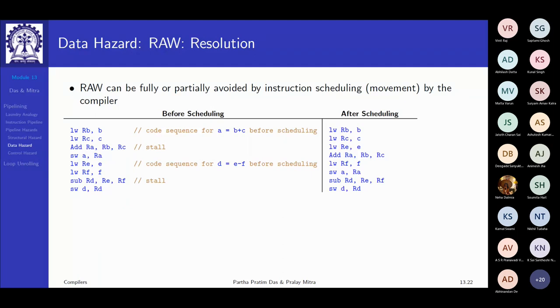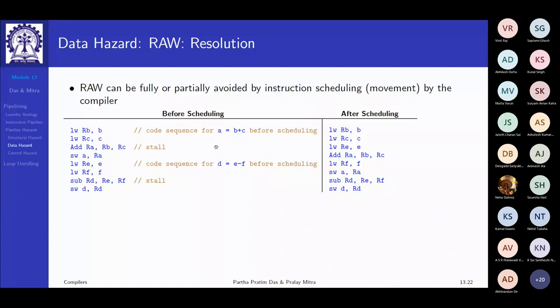Now, much of it can be handled in the instruction scheduling by the compiler. Obviously, you will have to know the exact pipeline model of how many cycles are needed in every instruction, and at what stage the instruction does what.